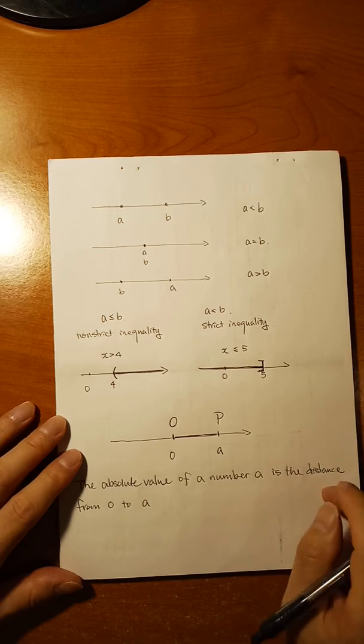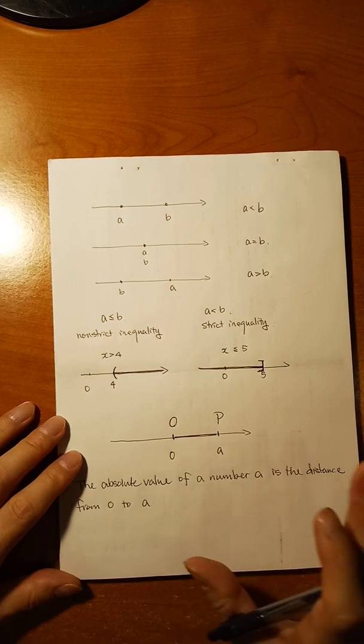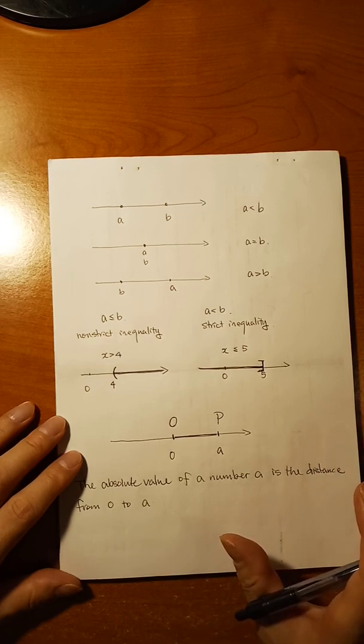And because it's a distance, absolute value is never negative. There's no negative distance. Distance is always 0 or positive. Okay?